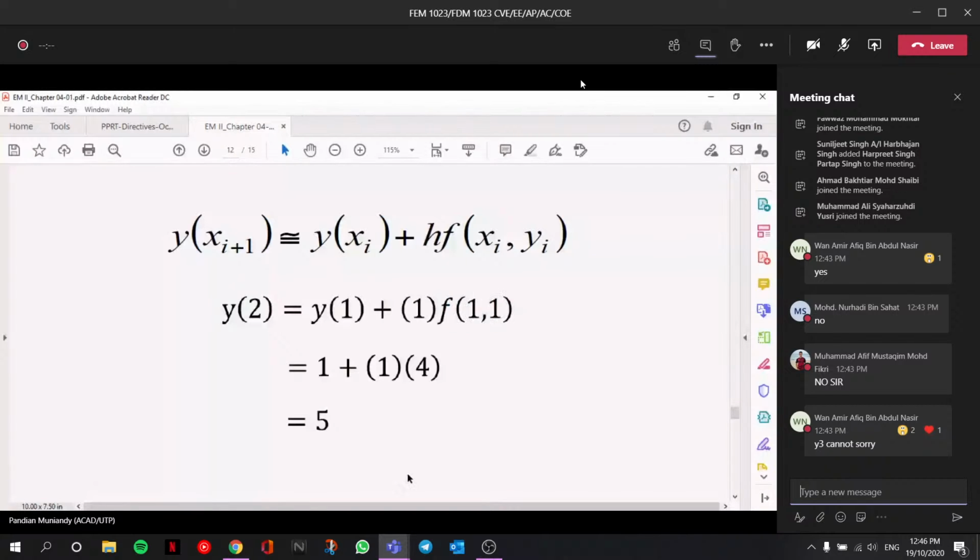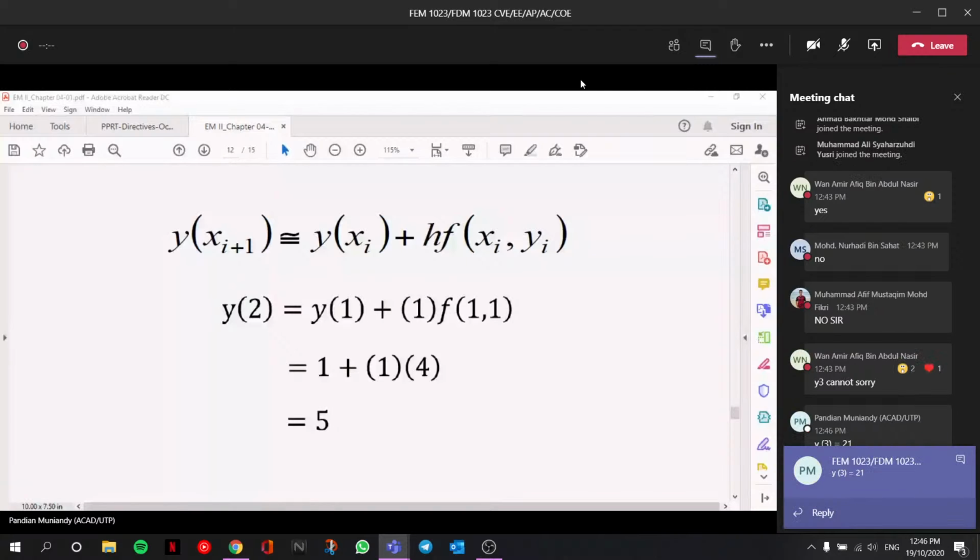So the answer is 21. So the y, write down here, the y3, at the point y3, the answer should be 21, like this. Can you calculate now, class?